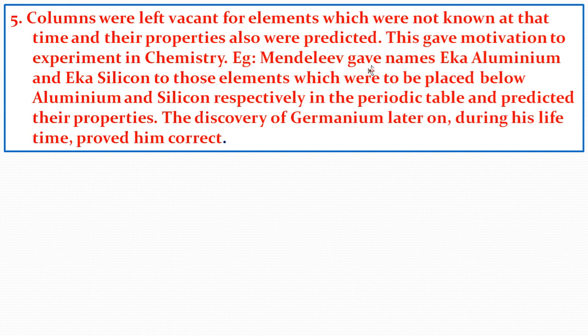For example, Mendeleev gave the names eka-aluminium and eka-silicon to those elements which were to be placed below aluminium and silicon respectively in the periodic table, and predicted their properties. After the discovery of germanium later on during his time, it proved him correct.